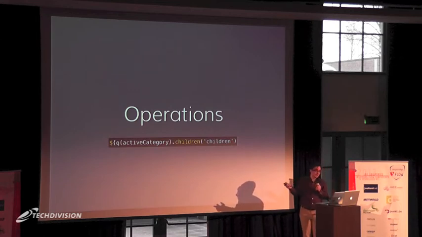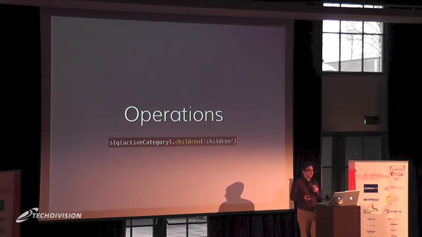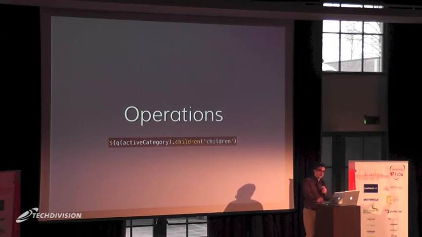Obviously EEL cannot know the property the children are in, because you could have multiple properties that have some child collection inside. So you have to define that here. There are a few more operations, but I don't want to go over all of them. You can check them out and use that also in your application.